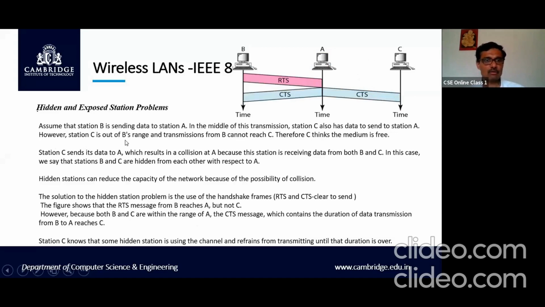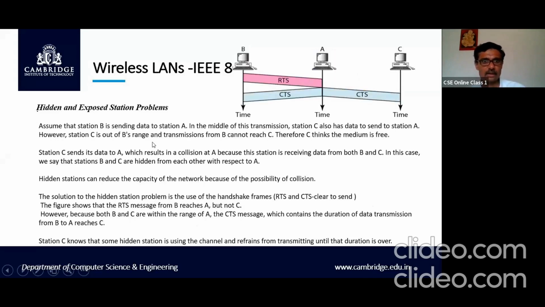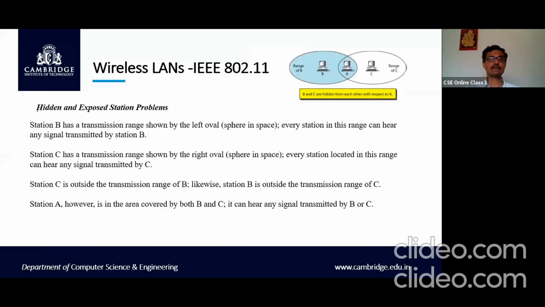However, C is out of B's range. It does not know that B is sending data to A. The transmission from B cannot reach C. Therefore, C thinks the medium is free, because C cannot hear B.